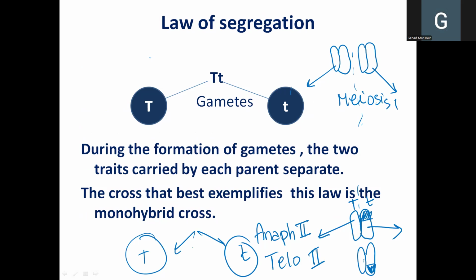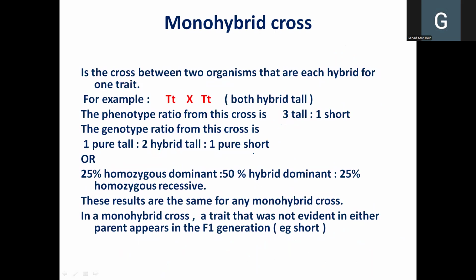And the best experiment that Mendel did and that proved this law of segregation was what we called the monohybrid cross. So the monohybrid cross is a genetic test or experiment that was done by Mendel, and through that experiment, Mendel could deduce the law of segregation.